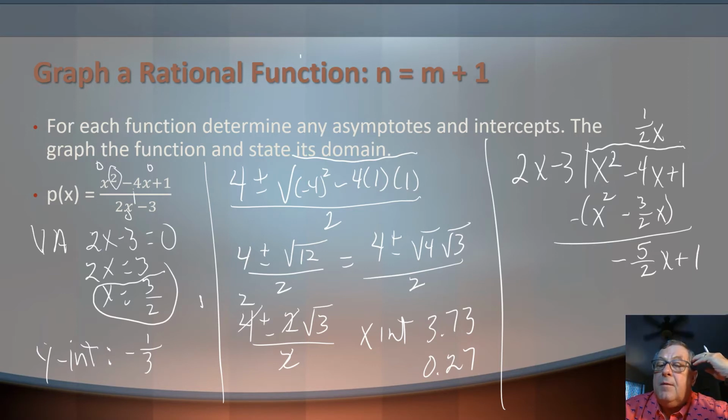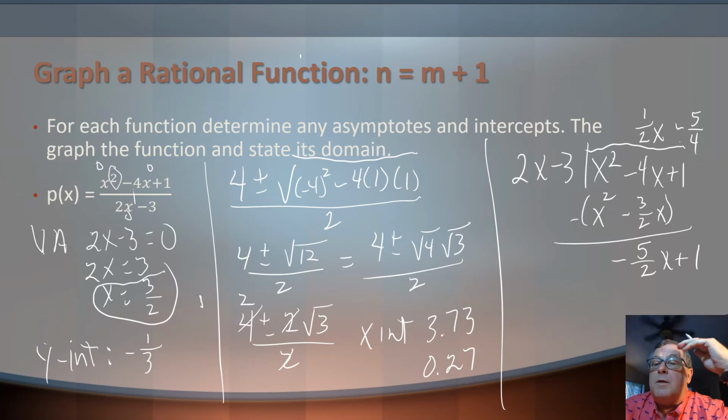Now I got to think. How many times will 2x go into negative 5x? Now remember, if I'm dividing by 2, that's the same thing as multiplying by 1/2, right? So negative 5/2 times 1/2 is going to give me negative 5/4.